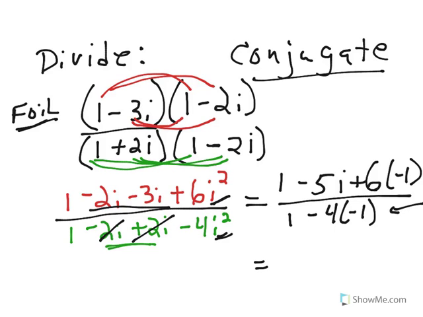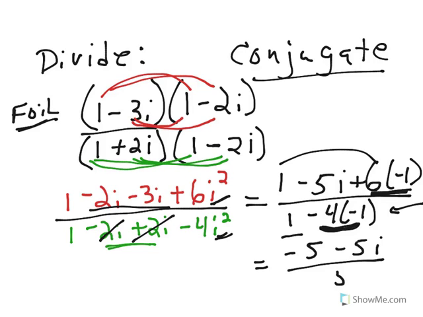Combine like terms, 6 times negative 1 is negative 6. 1 plus negative 6 is negative 5, minus 5i. And negative 4 times negative 1 is positive 4. 1 plus 4 is 5.